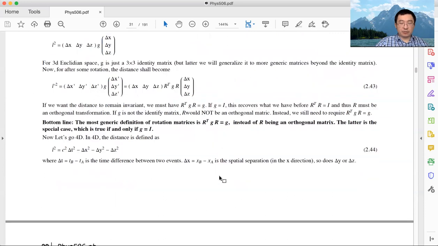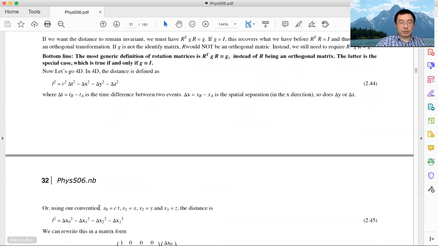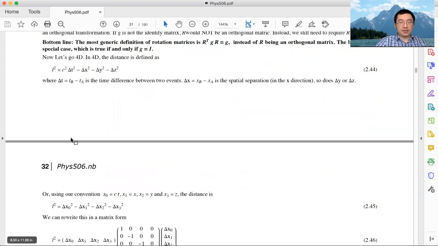Now let's look at 4 dimensions. In 4D, we know that our distance is defined this way. Remember I introduced the new convention: x0 is c times t, and x1, 2, 3 are x, y, z. In this new convention, the distance squared is delta x0 squared minus delta x1 squared, minus delta x2 squared, minus delta x3 squared.